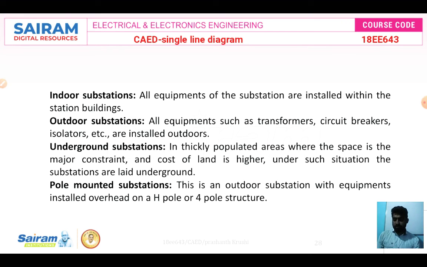In that H pole mounted substation, we have a distribution transformer which converts 11 kilovolts into 415 volts or up to 440, I mean 415 plus or minus 6% tolerance, single phase or three phase. That is the H shape, the H pole mounted substation, right?